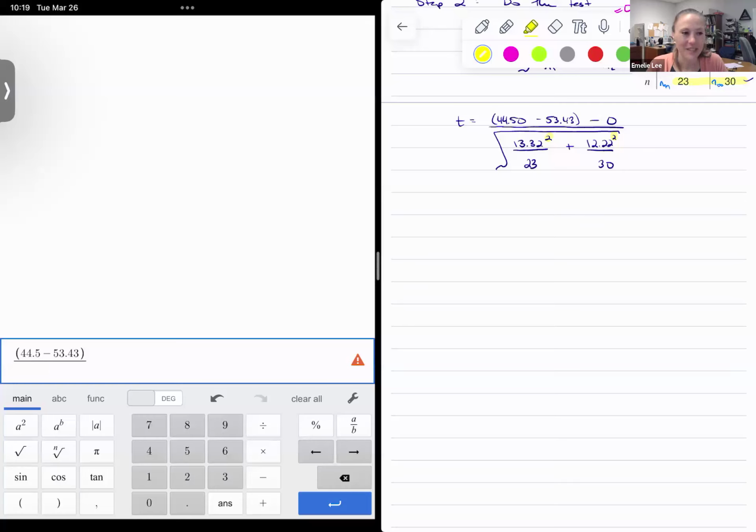So now, in my denominator, I need to have the square root, and I want to make sure that everything stays in the square root, and just making sure that everything looks how I want it to, especially when you're working on your calculator, right? You'll want to be really careful with how you enter values.